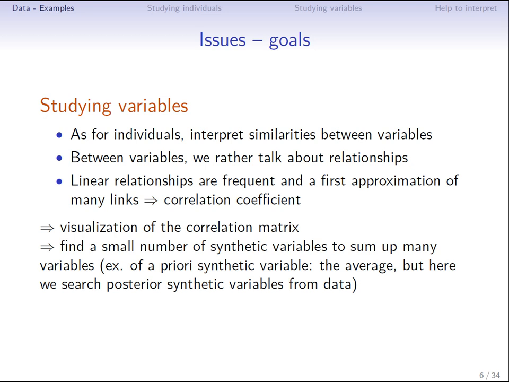In exactly the same way as for constructing groups of individuals, creating groups of variables may be useful with a view to synthesis. When confronted with a very small number of variables, it is possible to draw conclusions from the correlation matrix, which groups together all of the linear correlation coefficients between pairs of variables.